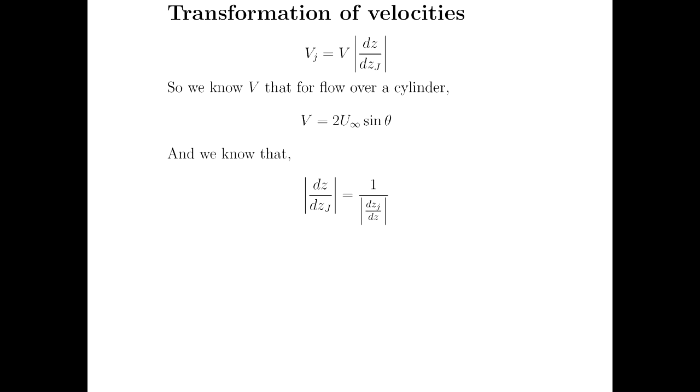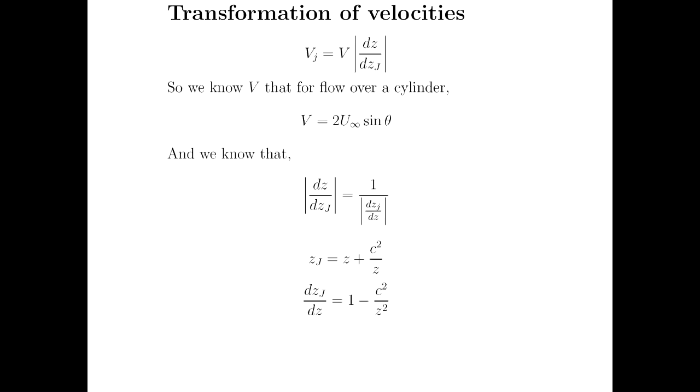We know what dzj over dz is, we can very easily calculate it. We just have to differentiate our Joukowsky transformation, which is just 1 minus c squared over z squared.